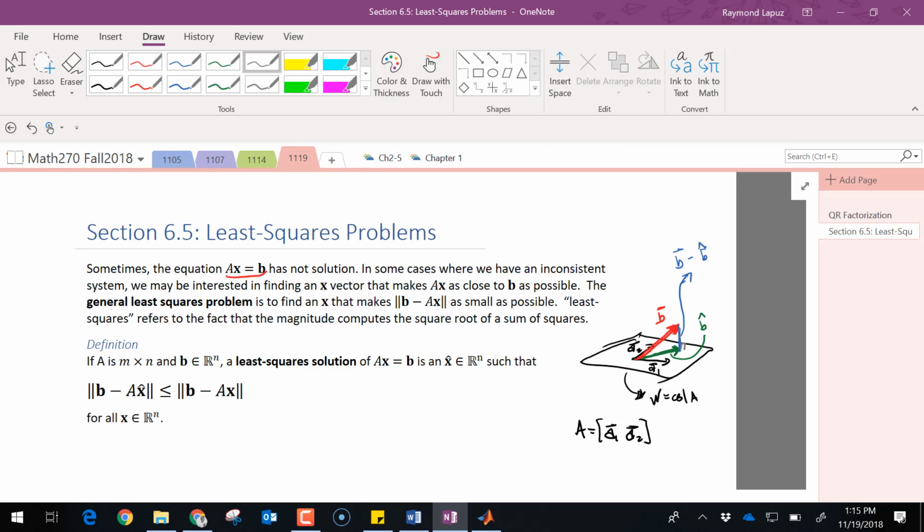Now, where's B hat here? There's no B hat anywhere. So our B hat is represented by this vector.